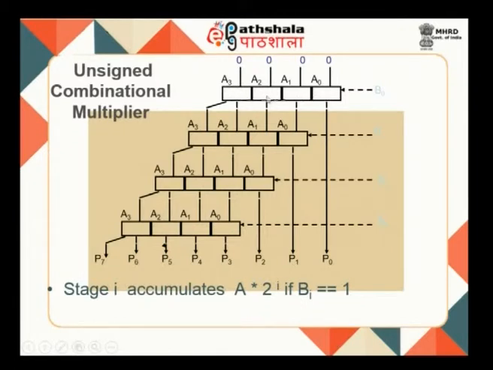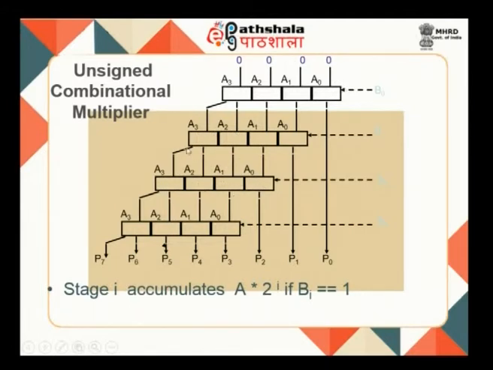You have that operation being done here, and each of these is a full adder that adds up the appropriate partial products after they are formed. Shifting is obviously done by means of the structure itself. These basic units are here, the next basic units are shifted by 1 bit, the next basic units are shifted by 1 bit, and so on.